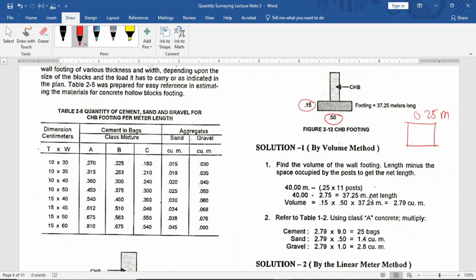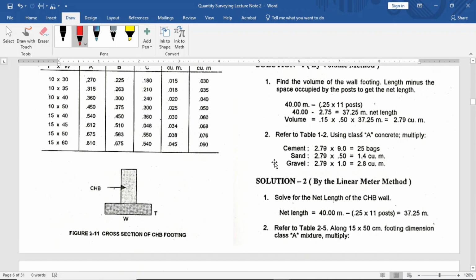Nag-minus tayo kasi nga, for example, ganito yung drawing niya. Ito yung column natin, tapos ito yung foundation, ito naman yung isa pang column.